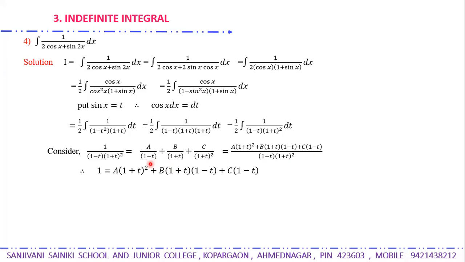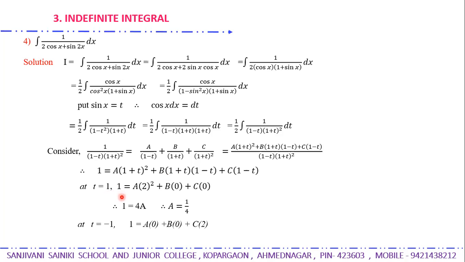So take the LCM like this. Now we have to put t equal to minus 1, and once t equal to plus 1, so that I will get the value of a and the value of c.